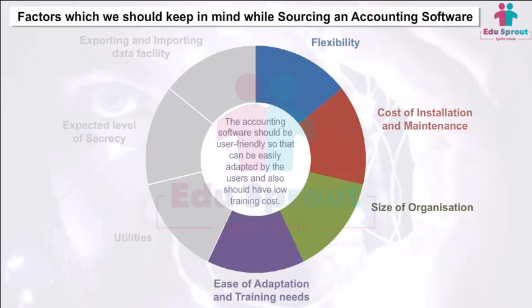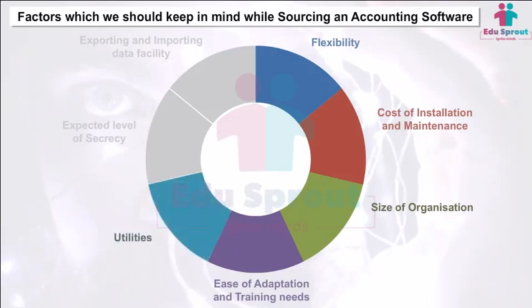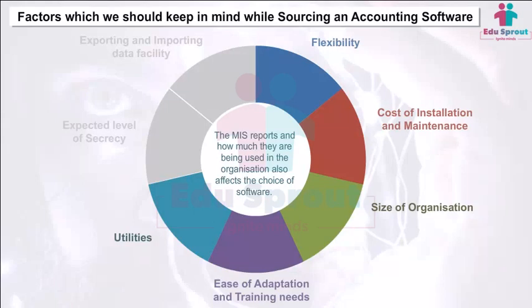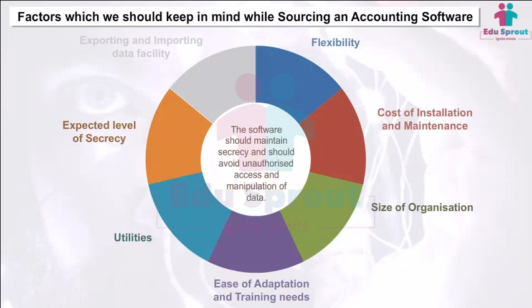The accounting software should be user-friendly so that it can be easily adapted by the users and also should have low training cost. Utilities. The MIS reports and how much they are being used in the organization also affect the choice of software. Expected level of secrecy. The software should maintain secrecy and should avoid unauthorized access and manipulation of data.